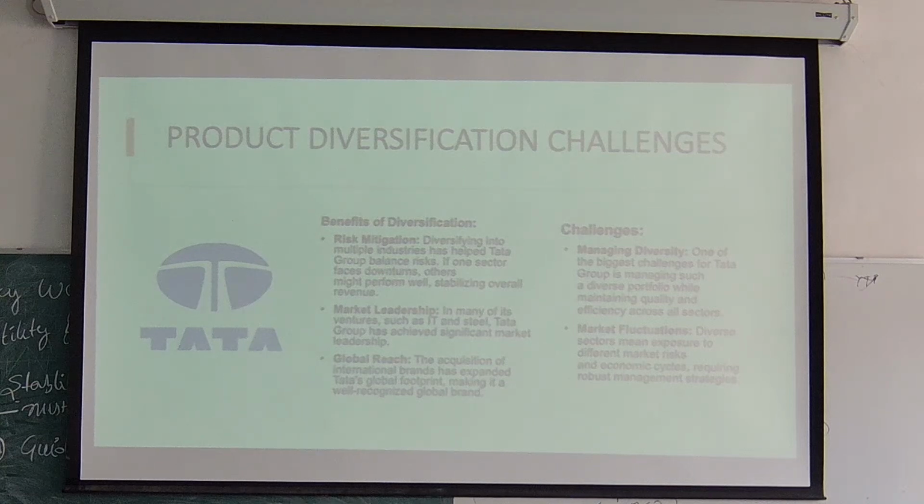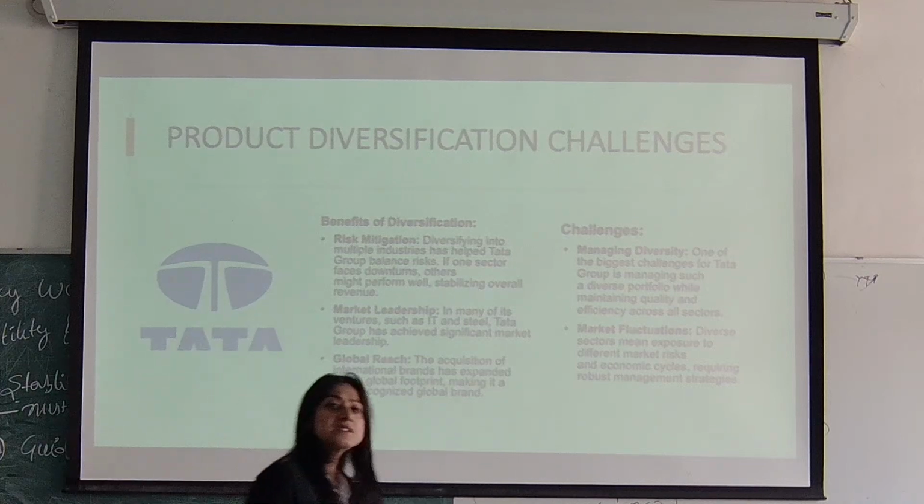Okay. So what about the challenges? There are also challenges associated with it. Not just the benefits, but the challenges. Which one is that? That they manage diversity. How does this happen? It is one of the biggest challenges, because if you do so many things together, obviously it is a difficult task, right?